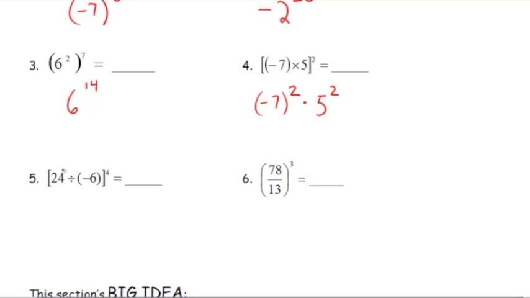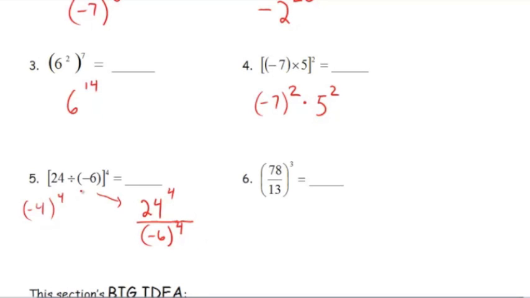With number 5, we could just do 24 divided by negative 6, and do what's in the brackets first, and that's going to be negative 4, all raised to the power 4. Totally legit. If we were going to rewrite this using the exponents, this would end up being 24 raised to the power of 4, and then we have negative 6, also to the power of 4.